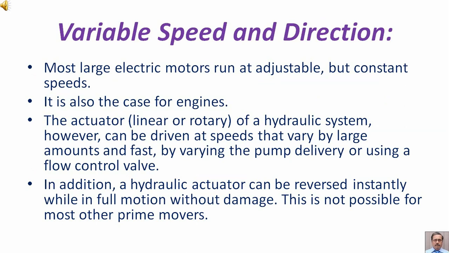Variable speed and direction. Most large electric motors run at adjustable but constant speeds. It is also the case for engines. The actuator, linear or rotary, of a hydraulic system, however, can be driven at speeds that vary by large amounts and fast by varying the pump delivery or using a flow control valve.